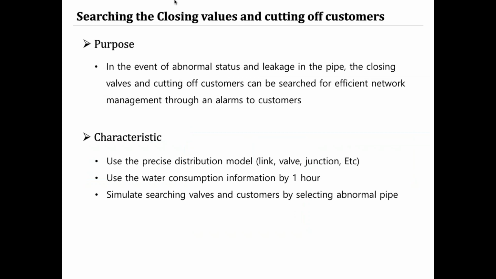In the event of abnormal status and leakage in the pipe, the valves to close and the customers to be cut off can be searched for efficient network management, with alarms to customers, and by means of bilateral communication with the final consumers and the suppliers, as I mentioned already.